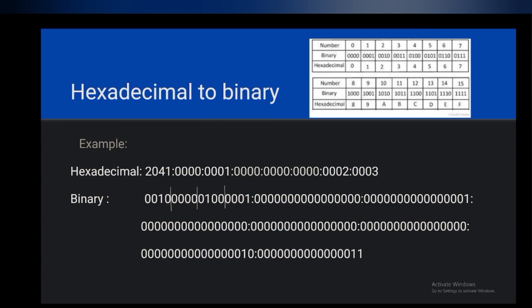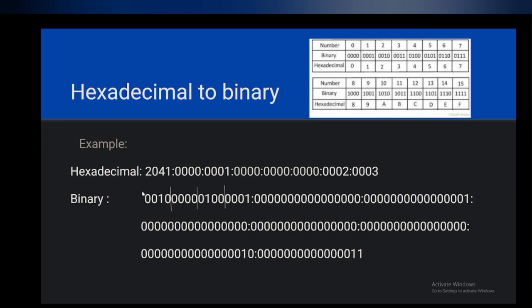Alright, next we're going on to hexadecimal to binary. So each number that you see in an IPv6 address is in hexadecimal, right? So what does that mean? Each one of these digits here is 4 bits. And as you can see, I have a chart right up there to show you why we convert it.